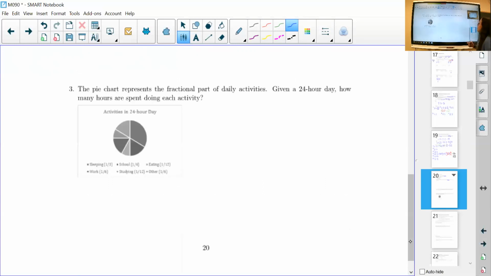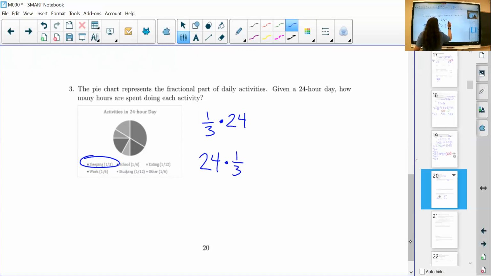And number 3, we've got a pie chart, and I'll do the first one for you. We've got a 24-hour day, and I see that sleeping takes up 1/3 of my day. So I have 1/3 of 24, or equivalently, I could do 24 times 1/3.